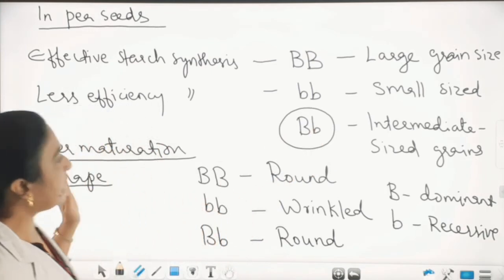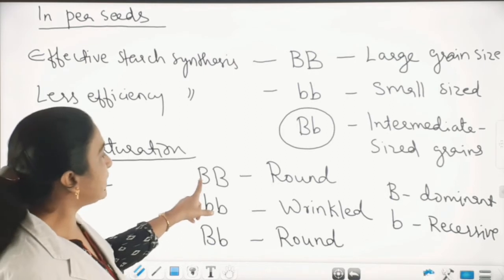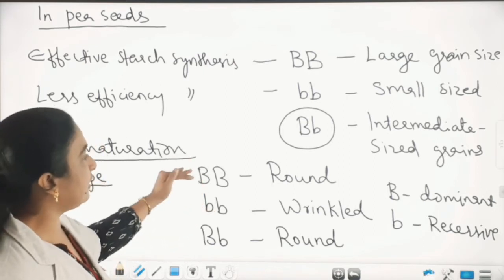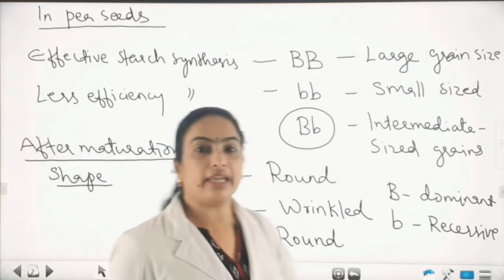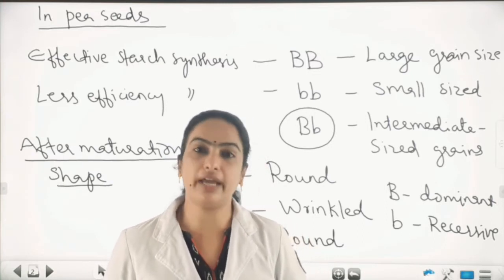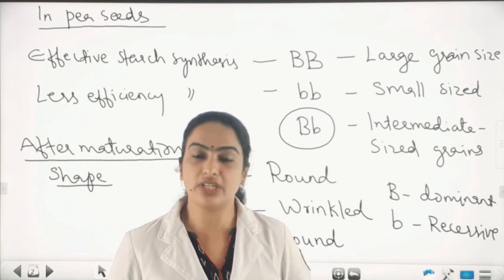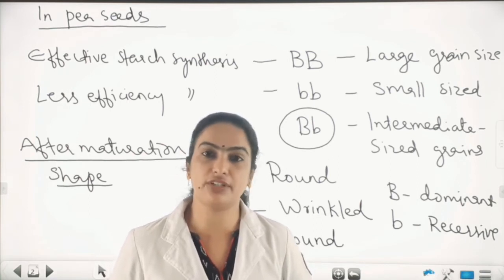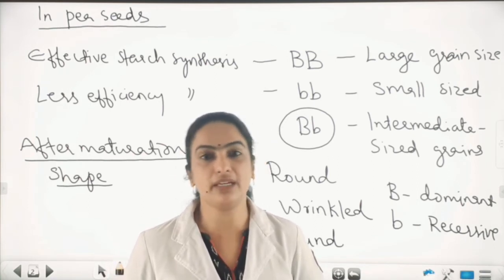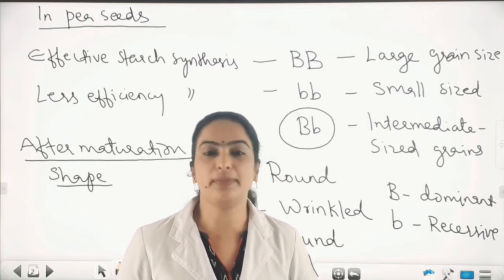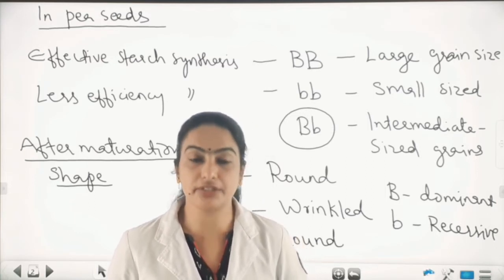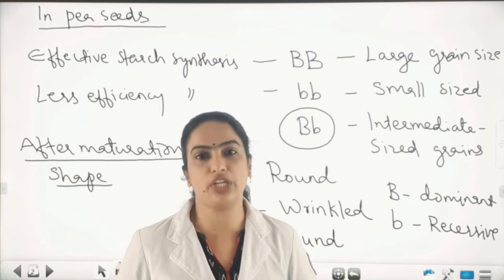So we can say this gene, the gene which has two alleles, capital B and small b, can control more than one phenotypic character.